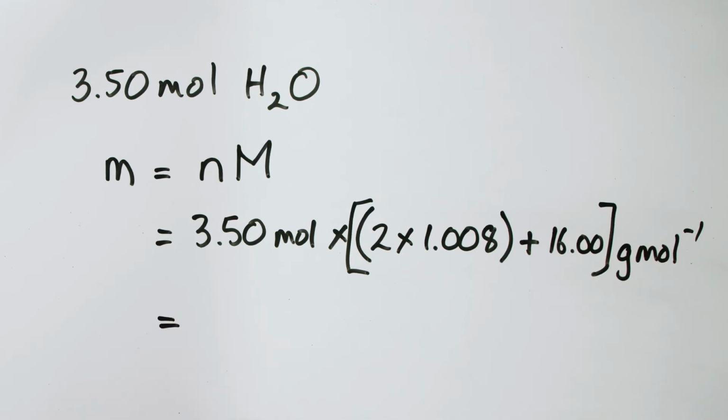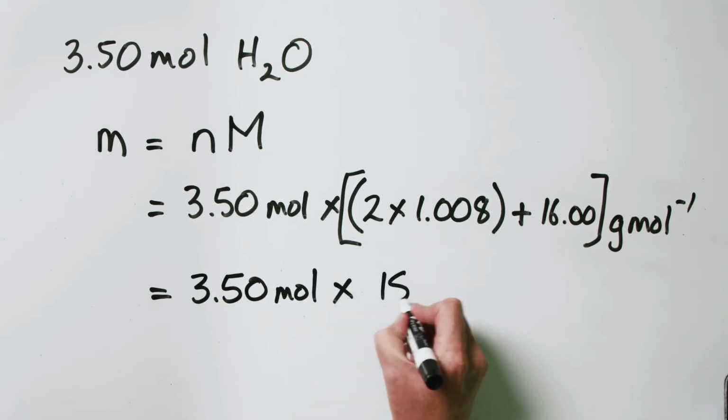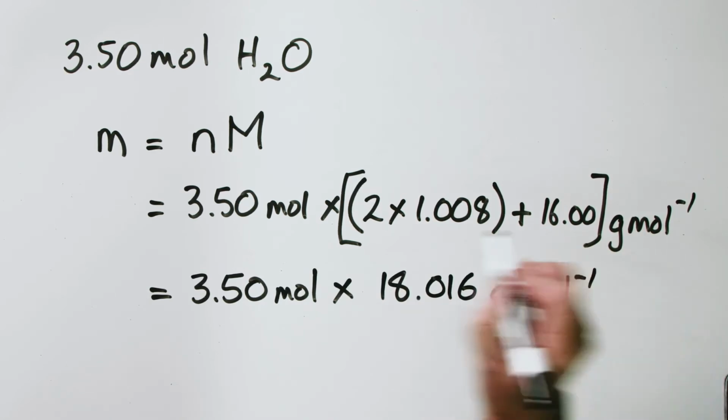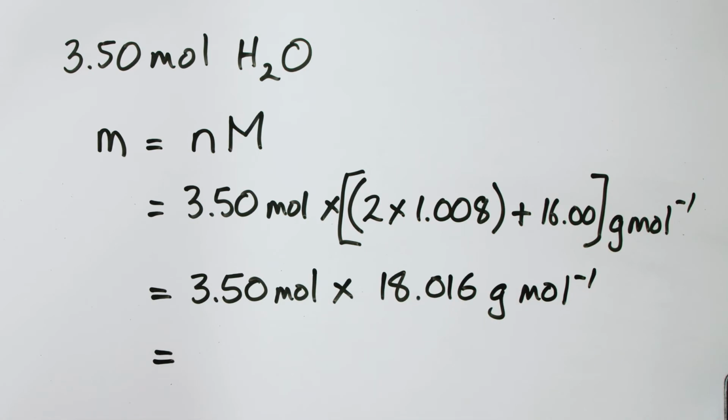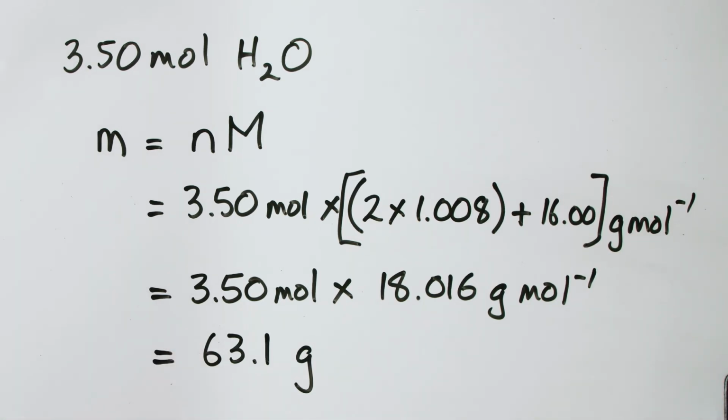So this works out at 3.50 mole multiplied by 18.016 grams per mole. And again, we do the maths and we come out with 63.1 grams. So that is the mass corresponding to 3.5 moles of water, 63.1 grams.